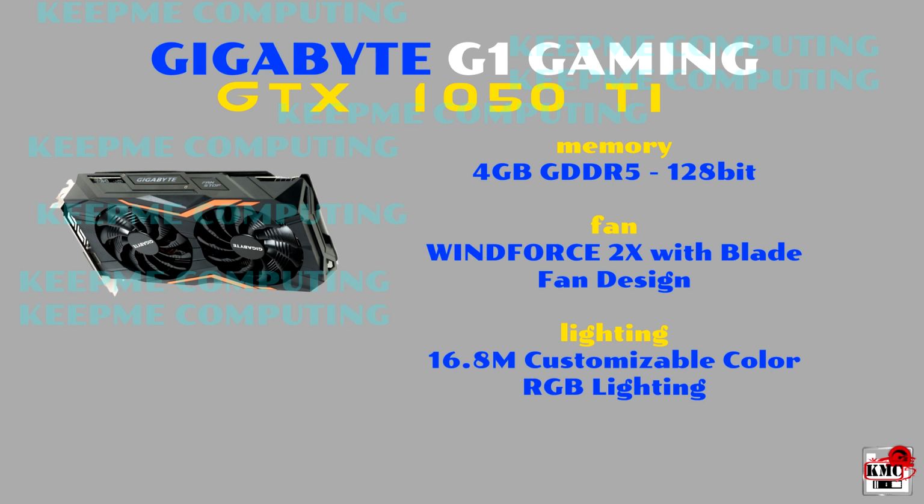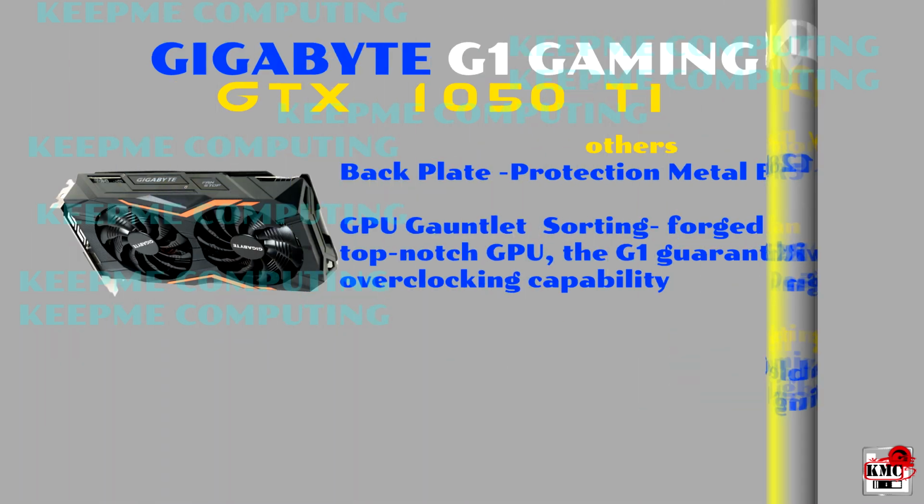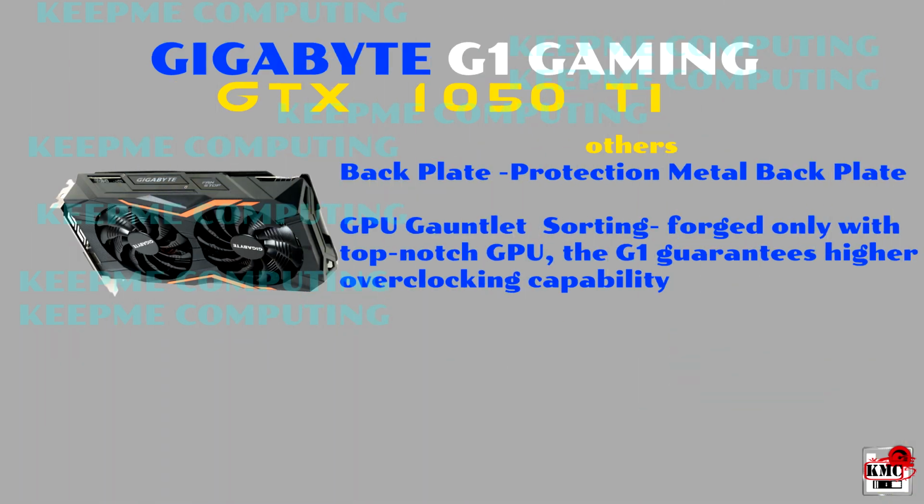There's 16.8 million customizable color lighting. The backplate is metal protection, and through the Gigabyte GPU Gauntlet sorting, the G1 guarantees higher overclocking capabilities according to their website.